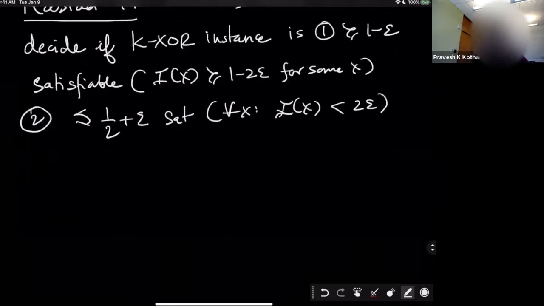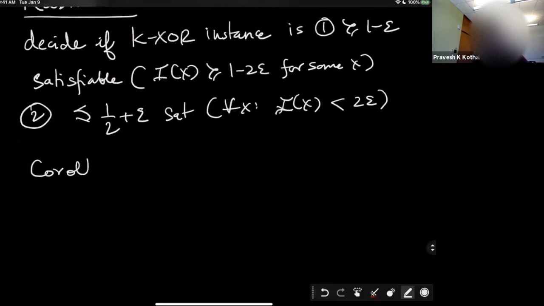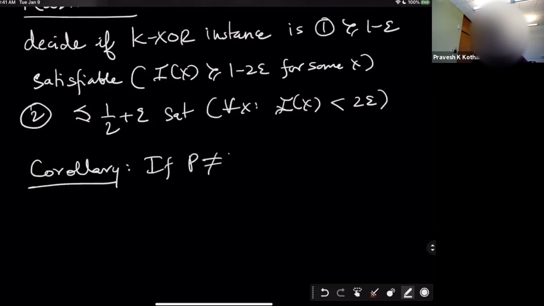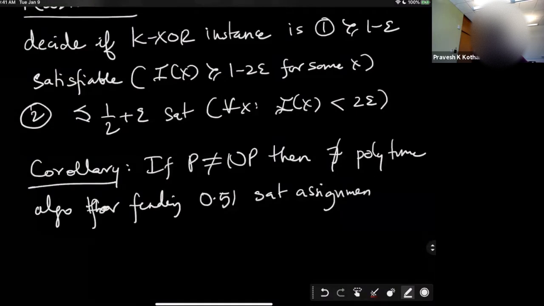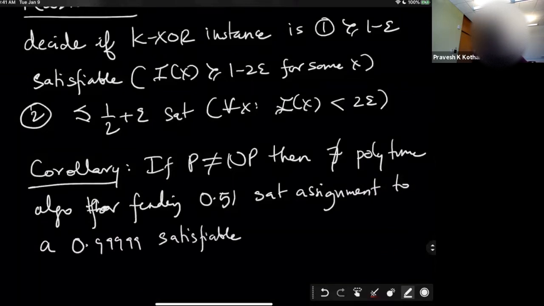So let me write that as a corollary. If P doesn't equal NP, then there does not exist a polytime algorithm for finding a 0.51 satisfying assignment to a 0.99999 satisfiable instance.